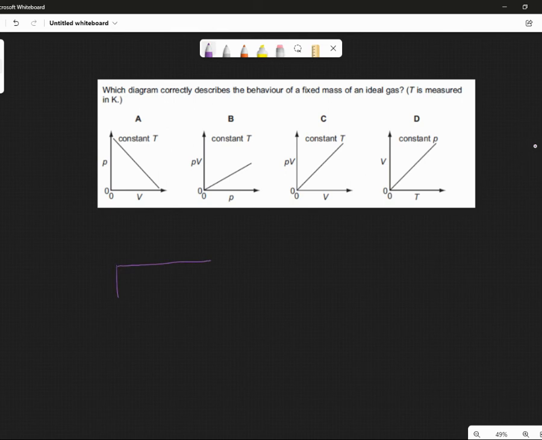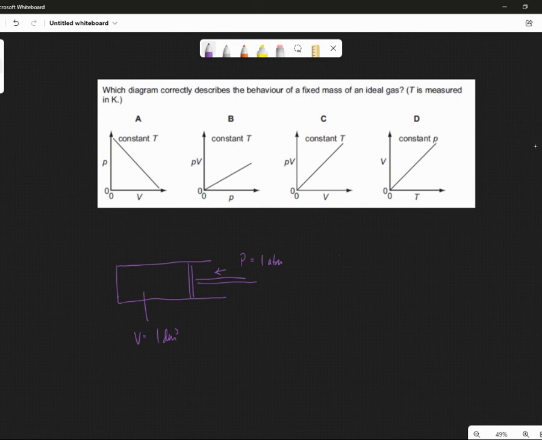Right, we've got a syringe here, and there's a volume here. Let's say the volume is equal to 1 decimeter cubed, and the pressure pushing this in is 1 atmosphere. That's a nice simple system.